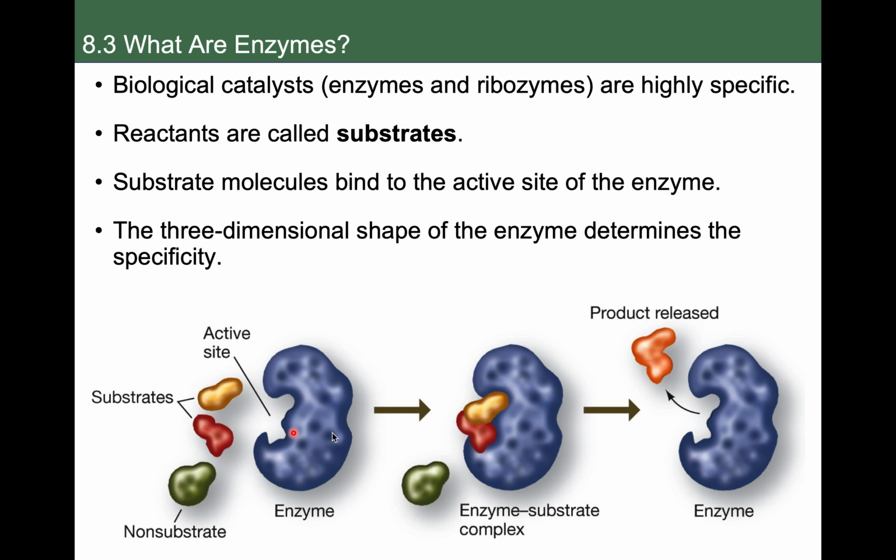So the delta G for that particular reaction is exactly the same, right? The change from reactants to products is the same in both cases. But the big difference here is the amount of activation energy required to get that reaction started is less if the enzyme is present.